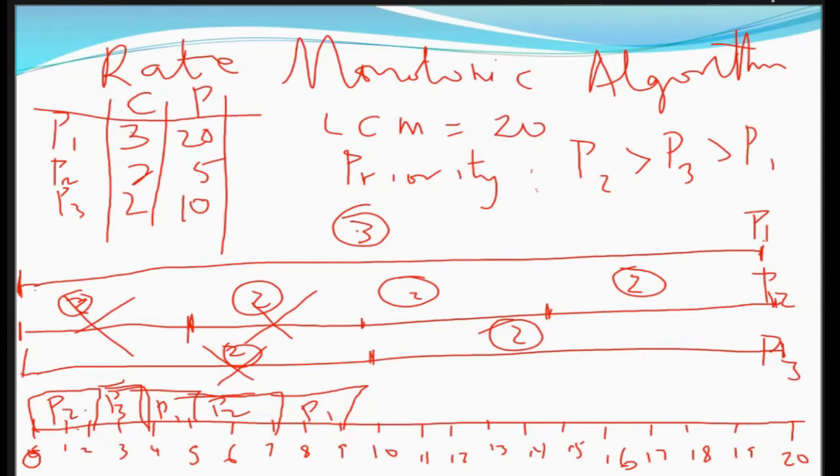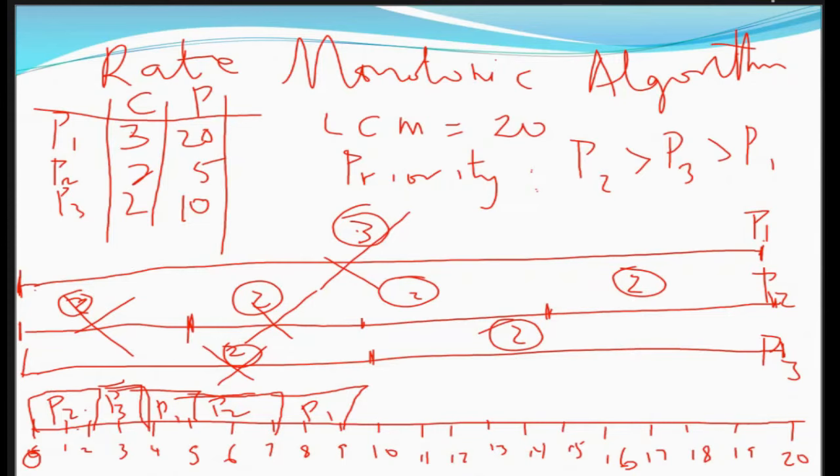So now you have P2, P3, P1, P2, P1. You see that? Now it's left with what? P2 and P3. P2 has 2 of 2 execution units to be done, and P3 has 1 of 2 execution units to be done. But look at this.